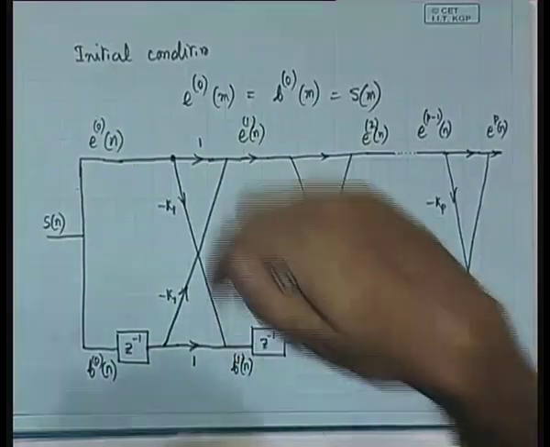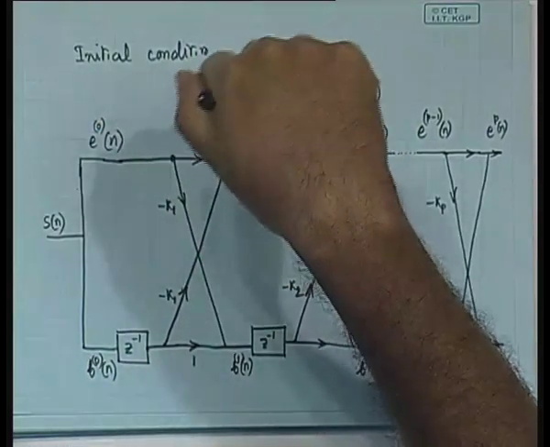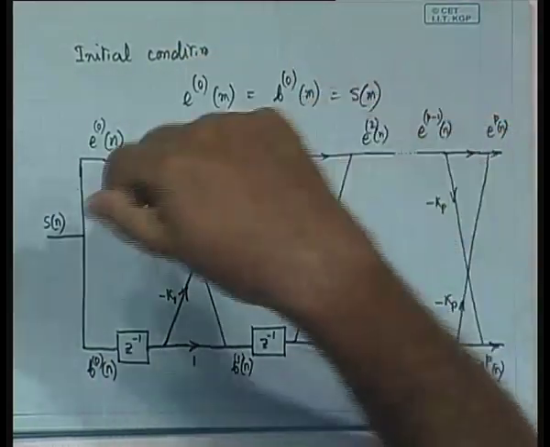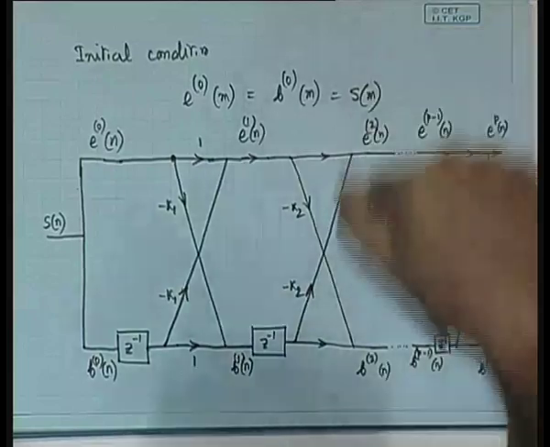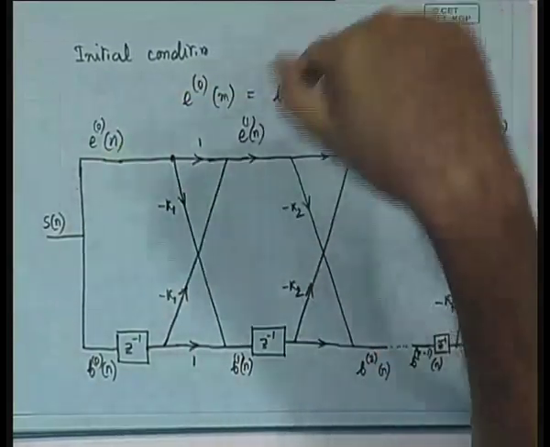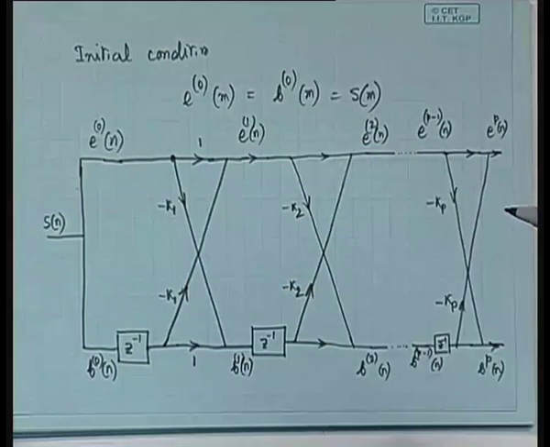Then obtain K1 out of this in terms of this E0 and B0, and using this K1 you do the filtering, obtain E1 n and B1 n, and continue until EP of n and BP of n. And then what you are basically getting out of this is K1 to Kp, and using that you can compute the alphas, and those alphas are going to be your final alphas.